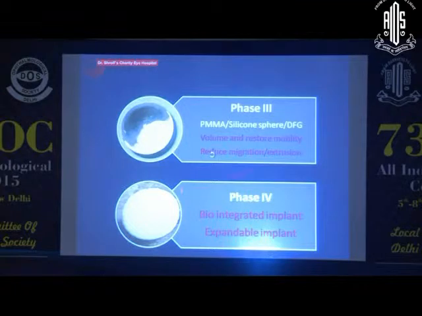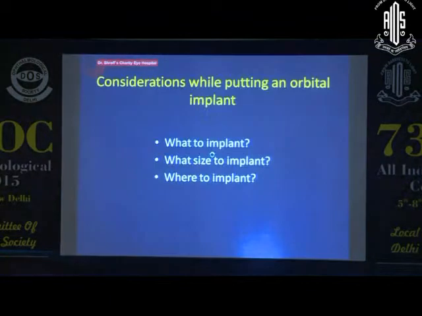Currently we use the simple spherical PMMA, acrylic or silicone implants, which are the phase 3 implants, where the emphasis was to augment the volume, give movement, and at the same time decrease the possibility of migration and extrusion. The next phase includes the bio-integrated porous implants and also the expandable implants used for microphthalmos.